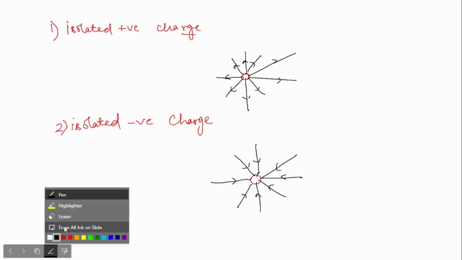Now the third case, when equal and like charges are placed. Suppose this is a positive charge q and this is a negative charge.